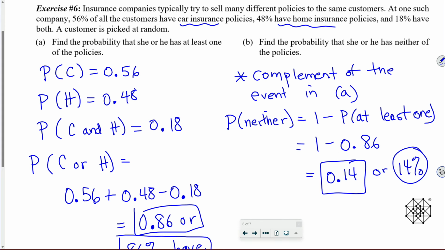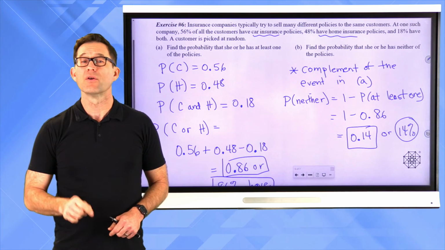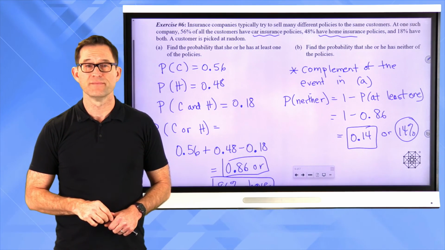So 14% of all the customers don't have either car nor home insurance.